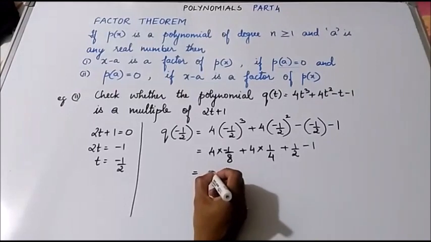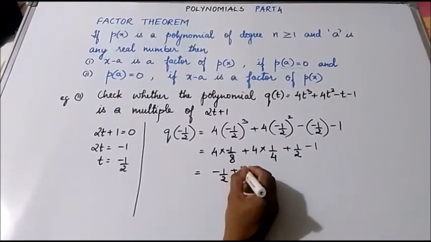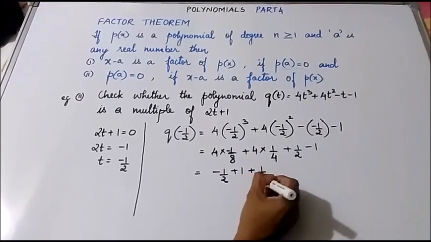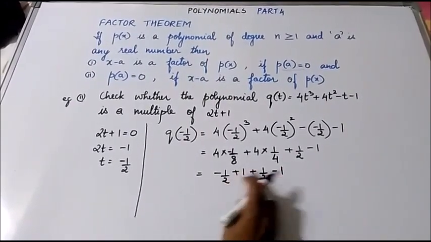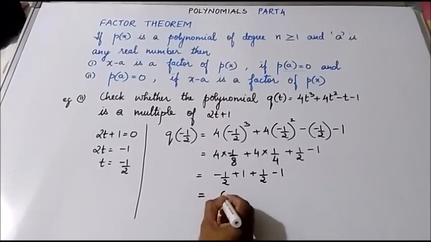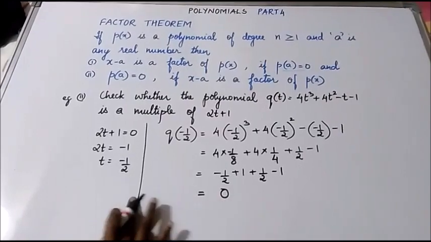This will get cancelled. You will get here minus half, 4 and 4 will get cancelled, you will get 1, plus half. Minus half plus half will give me a 0, plus 1 minus 1 will give me a 0. The answer will be equal to 0. So what do we find? The remainder is equal to 0.